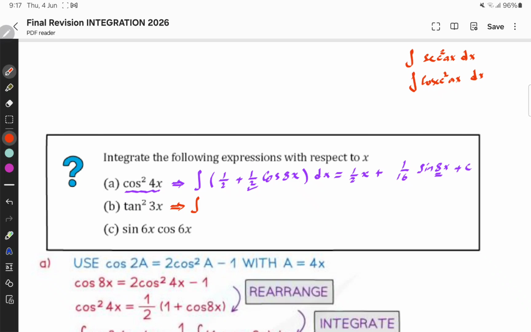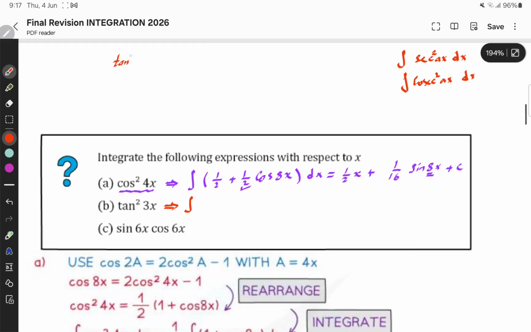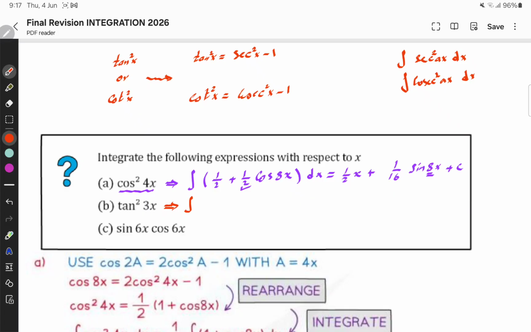So if you get tan squared or cotan squared x, we just need to use the identities from first semester: tan squared x equals sec squared x minus 1, and cotan squared x equals cosec squared x minus 1.